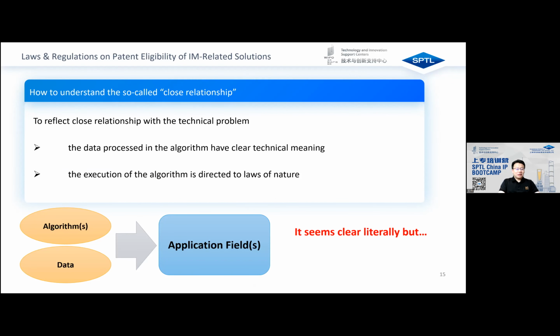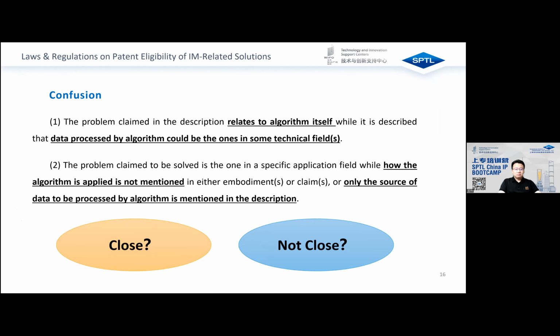It seems clear literally, but I'm afraid some of us may be at a loss to encounter the case in which the problem claimed in the description relates to the algorithm itself, while it is described that data to be processed by the algorithm is the ones in some technical fields or in the form of technical ones.